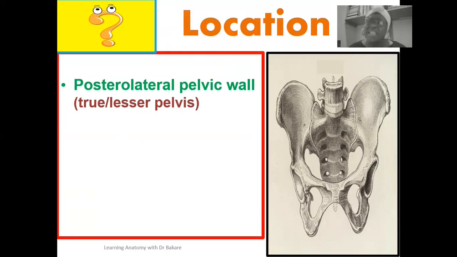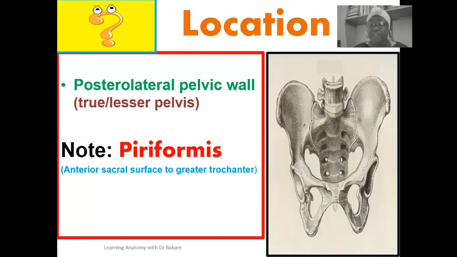So let's dive into the piriformis to see how it emerges and also where it is inserted. For the piriformis, it emerges from the anterior surface of the sacral bone. This is where we have the sacral bone here, and this is where we have the anterior surface. So this is where we have the piriformis emerging, highlighted here in yellow, and finally being inserted on the greater trochanter of the femur.